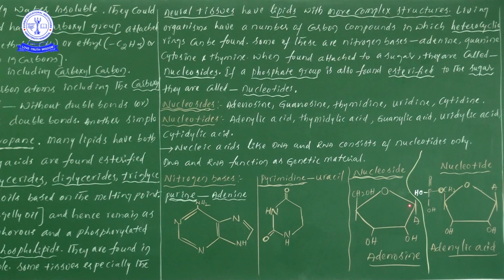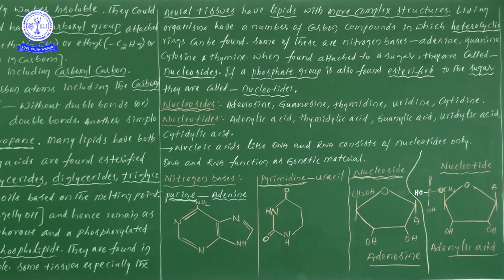Pentose means 5 carbons are present here: 1, 2, 3, 4 and this is the 5th. The first carbon is attached with adenine. So this particular structure we consider as adenosine.